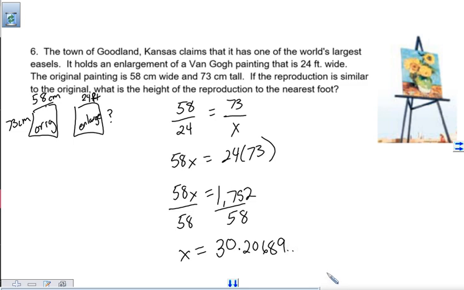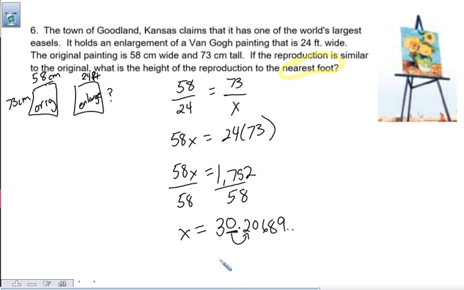It keeps going. We are wanting to round to the nearest foot though, so remember nearest foot is a whole number. So our whole number is 0, but we need to look at the number behind it, which is a 2, which is less than 5, so we have to keep that 0, so we have 30 feet.